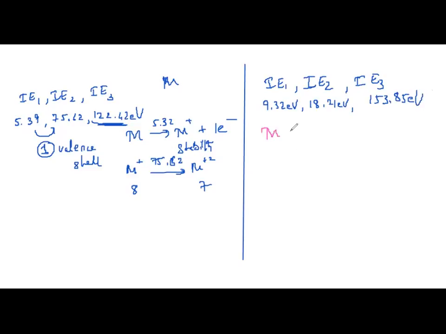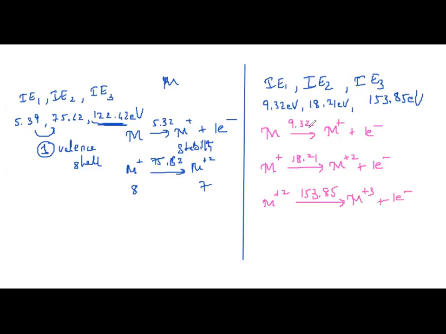Take a metal, apply the first ionization energy, and it forms a cation. That ionization energy is 9.32. From the cation, you apply the second ionization energy, it forms a dipositive ion, and the energy required is 18.21. From the dipositive ion, you apply 153.85, and you get a tripositive ion.